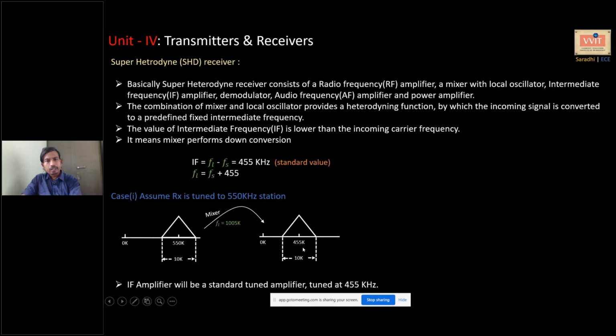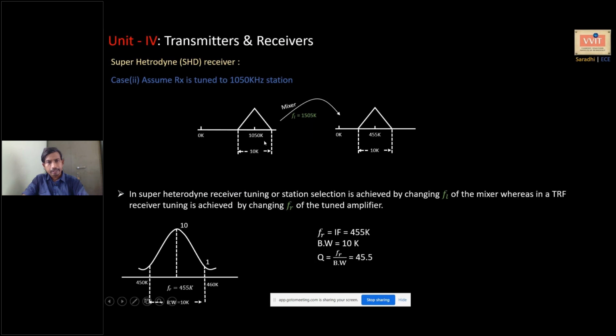Similarly, suppose the receiver is tuned to 1050 kilohertz, then you should choose FL equal to 1505 kilohertz, so that the output of the mixer is again centered at 455 kilohertz.